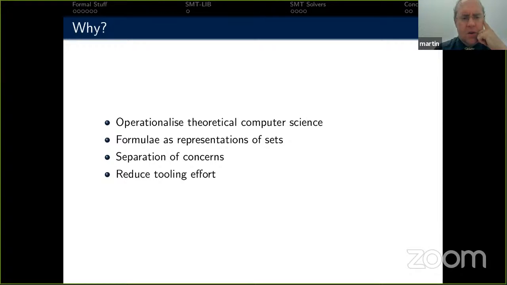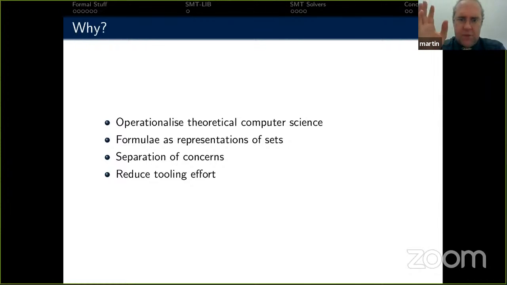Also, at a practical level, there's a point about separation of concerns. If you're trying to architect a system, say a program verification system, close to my heart, one of the big architectural decisions you can make is to separate out the generation of the formula, because I want to represent sets, because I'm trying to turn theoretical computer science into something people can actually do hands-on.